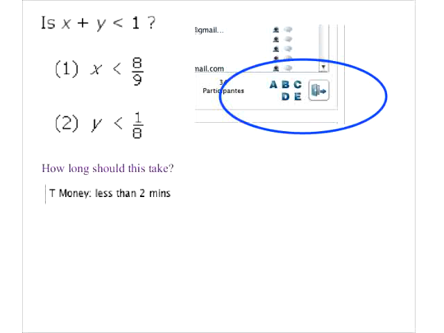So 2 minutes is an average time. That's the thing you've got to keep in mind. That's an average. Remember the way that averages work. Sometimes you're going to be above the average. Sometimes you're going to be below it. But 2 minutes is an average. It's not a limit. So make sure you don't treat it as a limit.